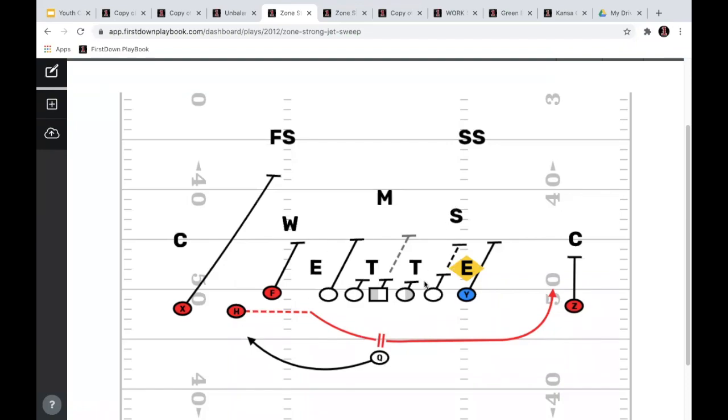The quarterback would be reading the end man on the line of scrimmage. If the end crashed down, they would give the jet. If the end played wide, they would run the inside part of it like a dive or maybe even a power. A lot of teams in college are running that right now with the jet runners. A lot of things you can do with it, like I mentioned before. But once again, if I'm you, what I would do is try to keep it simple. Kendall, we have any questions yet?